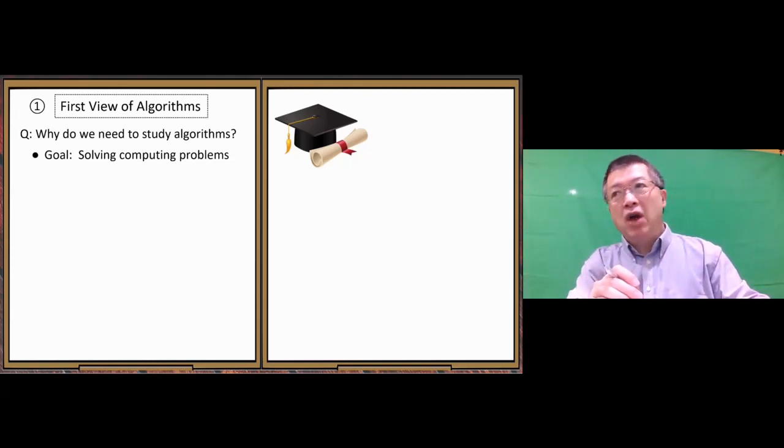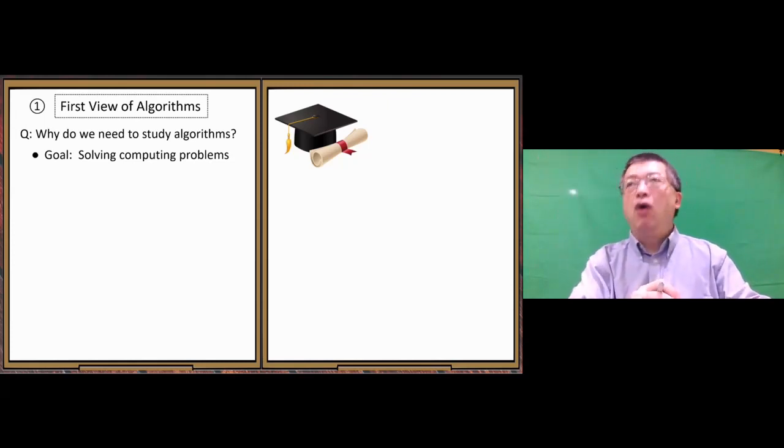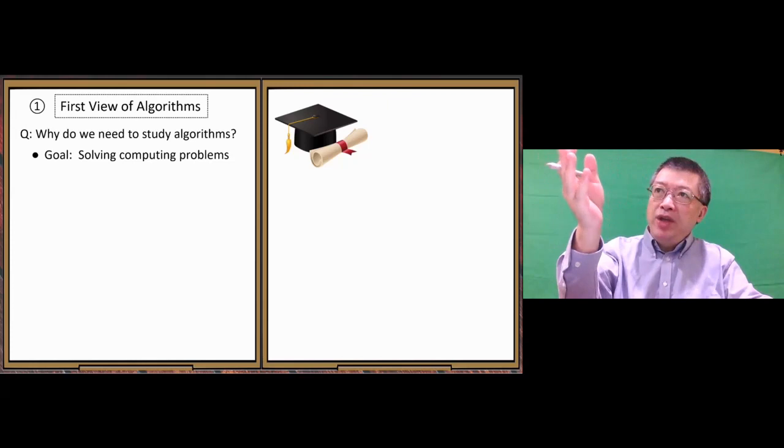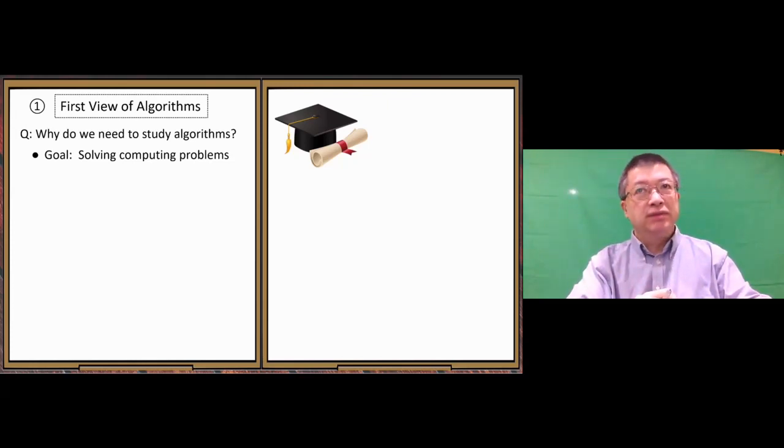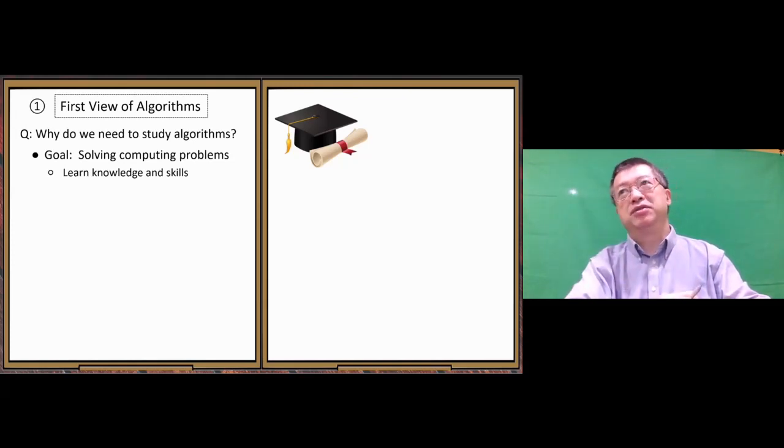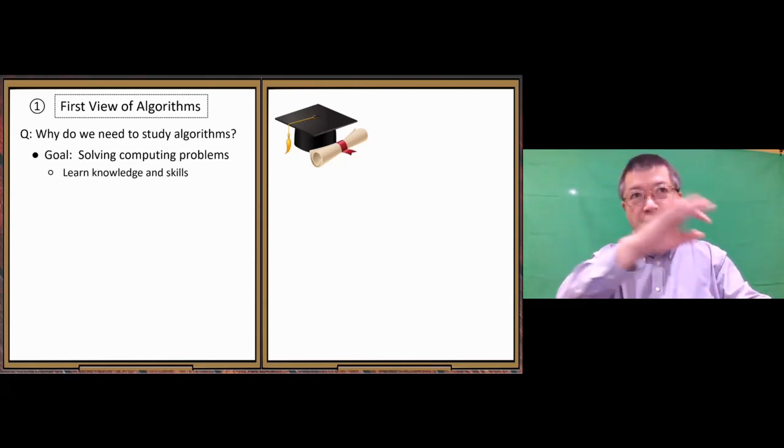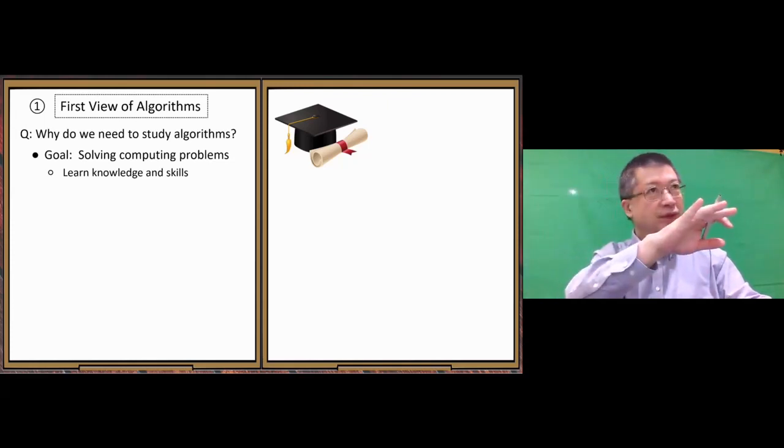In order to solve computing problems, what do you need to do? Or what kind of preparations do you need? The first, learn knowledge and skills in this class. That's the basic requirement.